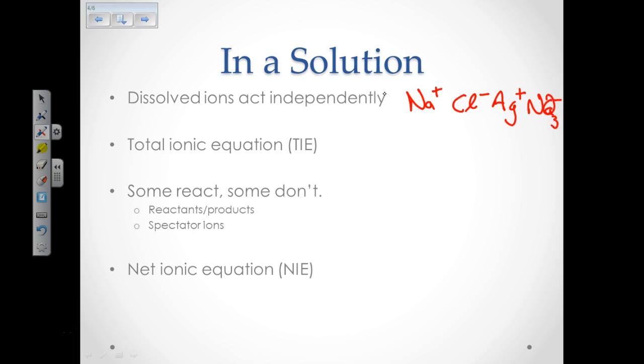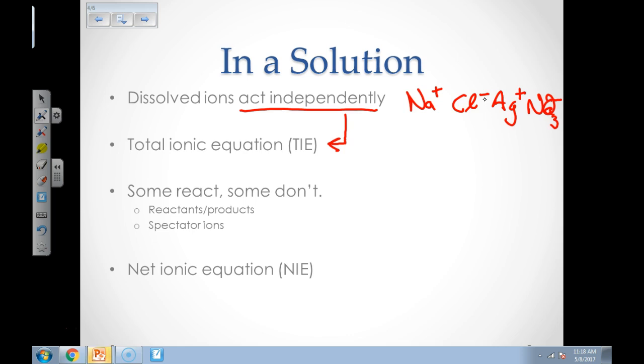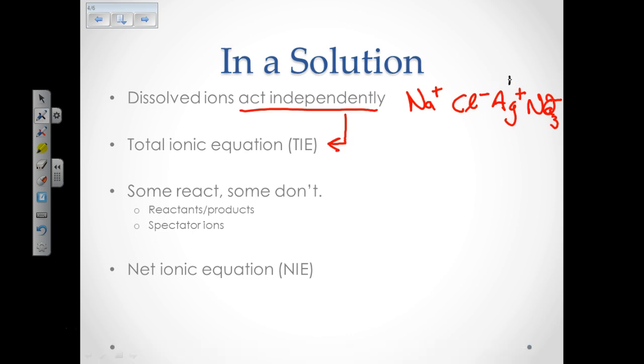They were all floating around the solution looking for something to happen. This independently acting is represented by the total ionic equation. Then some of these ions will react and some won't. Silver ions, when they get close enough to chloride ions, will react and form a solid.